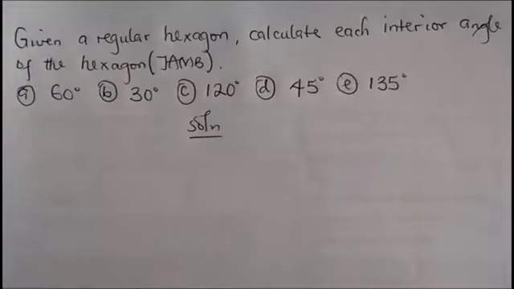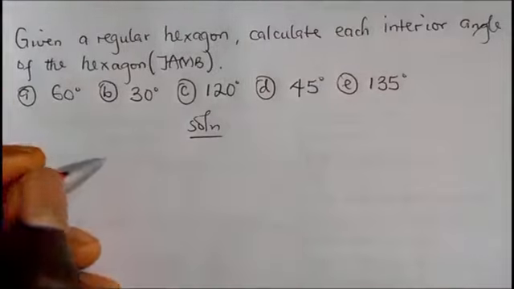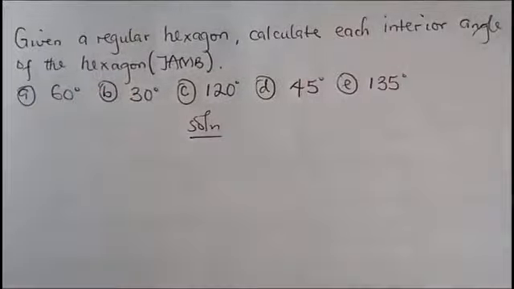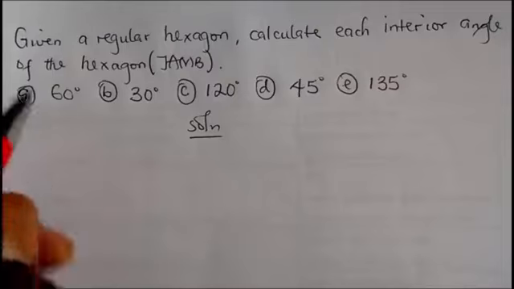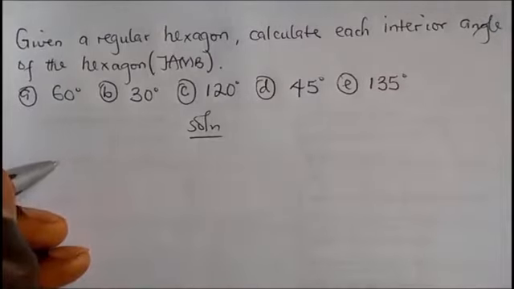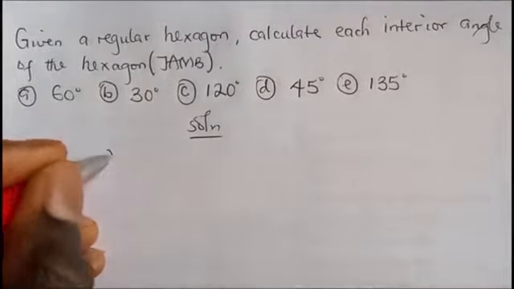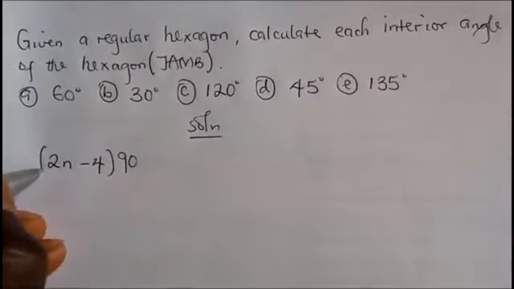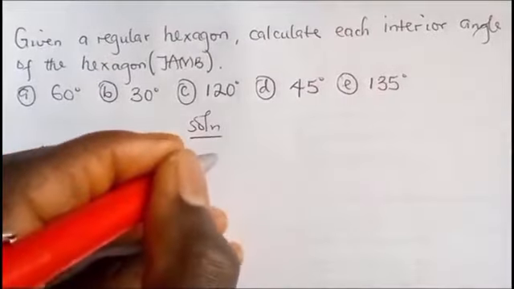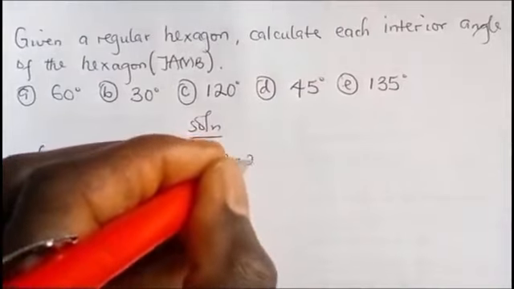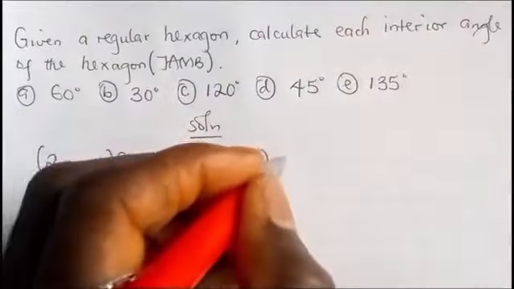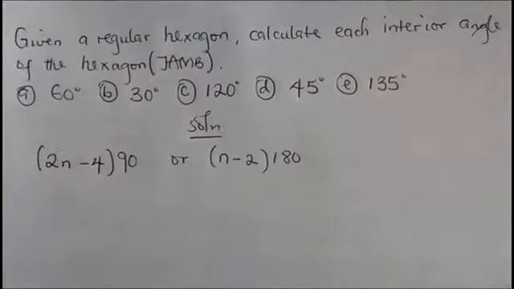So let's begin. To calculate each interior angle of the hexagon, first of all we need to know the sum of interior angles of this hexagon. To calculate the sum of interior angles, we use this formula: (2n minus 4) multiplied by 90, which is a right angle. Or we can use (n minus 2) multiplied by 180.